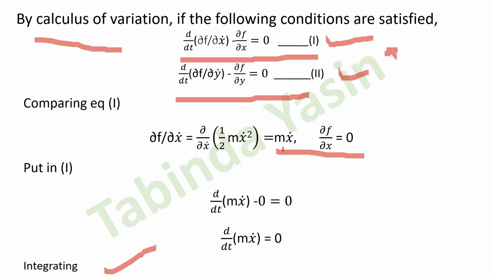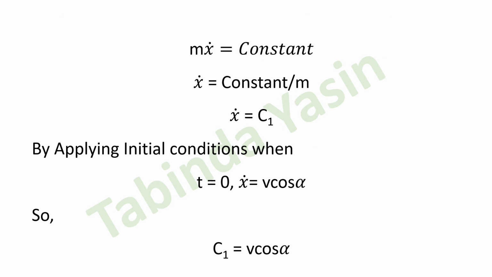Then integrating that equation, we get m x dot is equal to a constant, and x dot is equal to a constant over m, and then we have x dot is equal to c1.